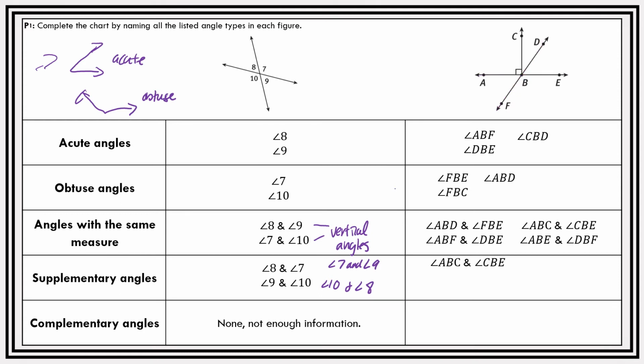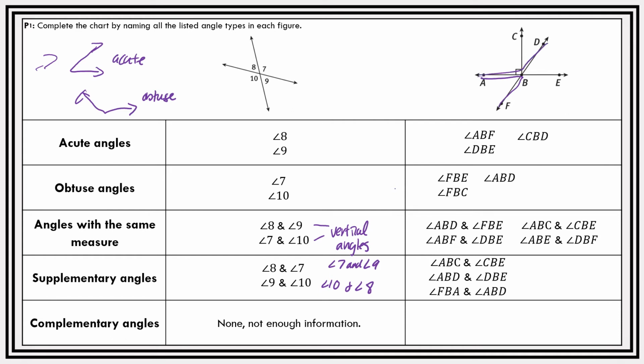Supplementary angles now. ABC and CBE. There you go. Very good. 90 plus 90 equals 180. So there you go. ABD and DBE. That works for me. They both make a straight line. FBA and then ABD. Very good.